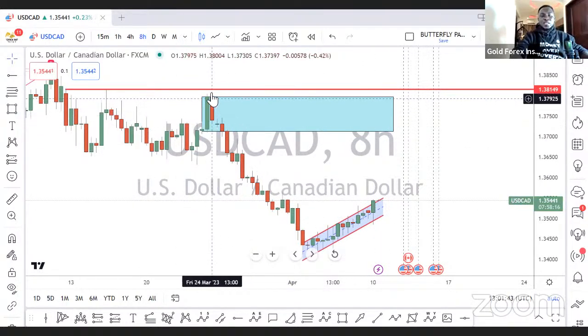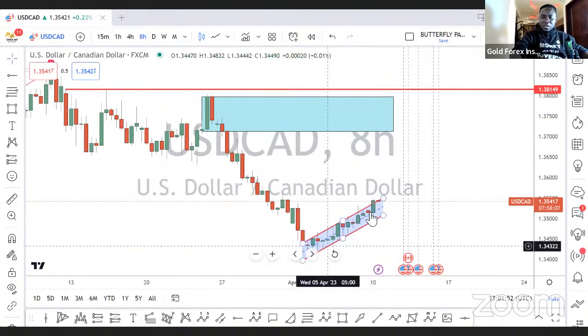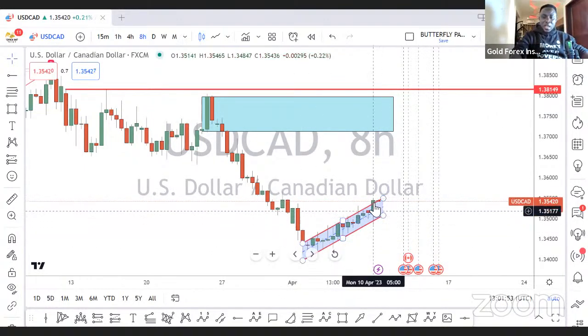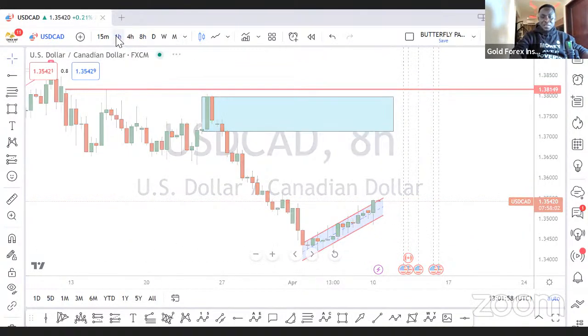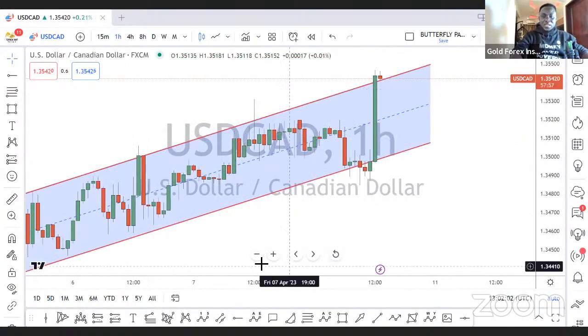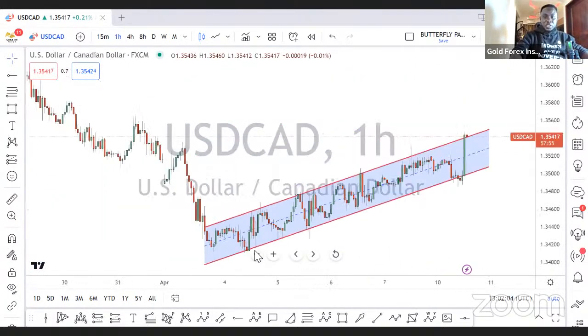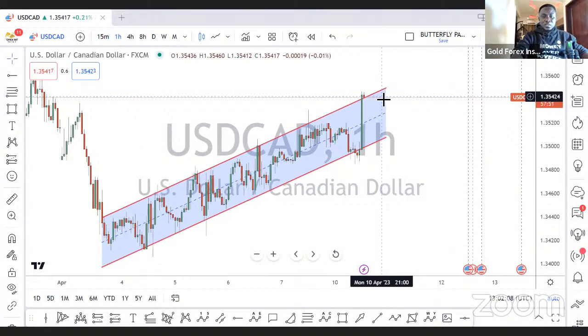So you can either take this one as an imbalance and this one like a fair value gap, let it cross. Now, remember, this one is also a channel. A news can just break it. So for now, even though I'm trading the dollar, I'm expecting the dollar to push up a little before things change. I'm still very careful with USD CAD.